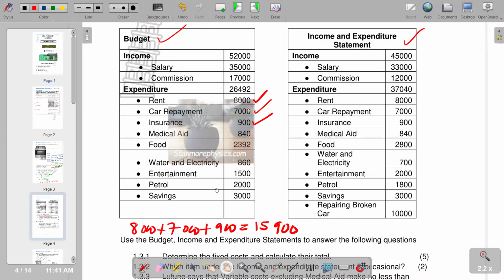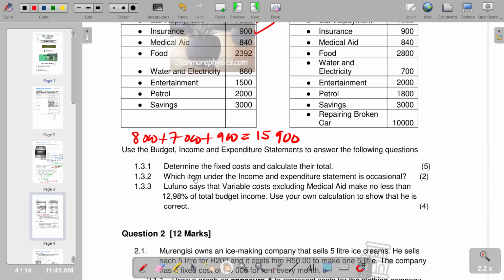Then going to the next question, it is which item under the income and expenditure statement is occasional? Of course, occasional is something that is not regular, which transpires after some time.